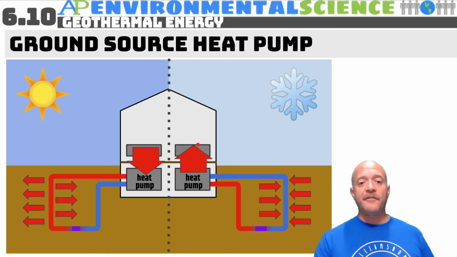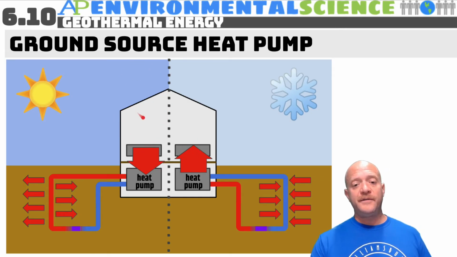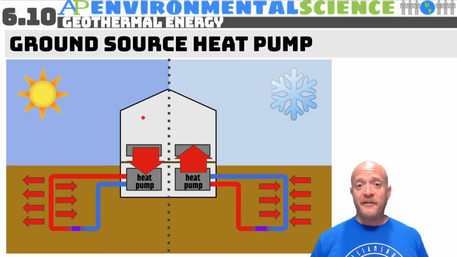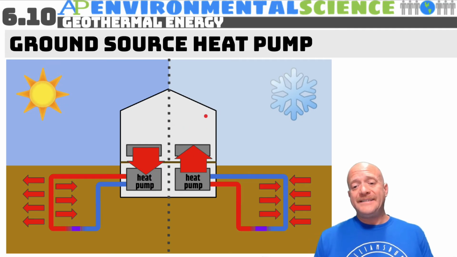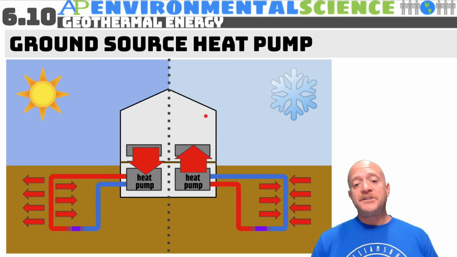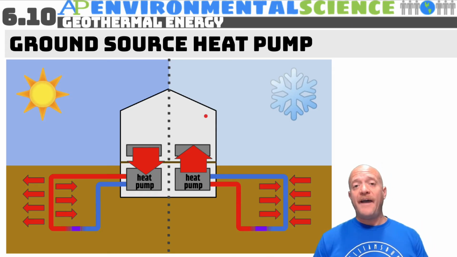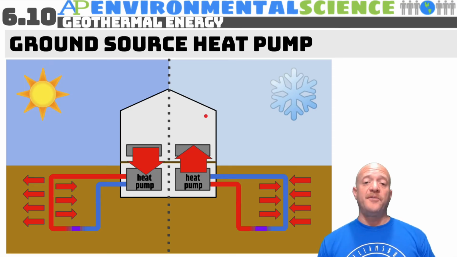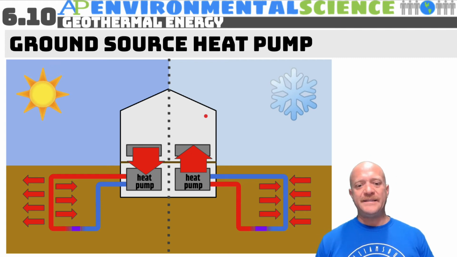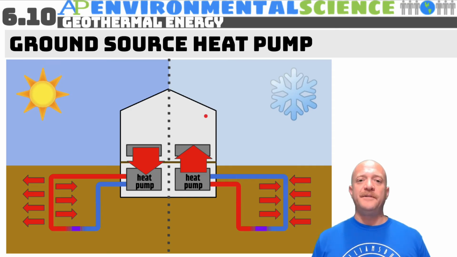So basically, in the summer a ground source heat pump takes heat from your house, adds it to water, and drops that heat off underground. And in the winter, it takes the excess heat from the ground and brings it up into your home. In areas where you have access to geothermal activity, the ground is a relatively consistent temperature, and it benefits you in both the winter and the summer.